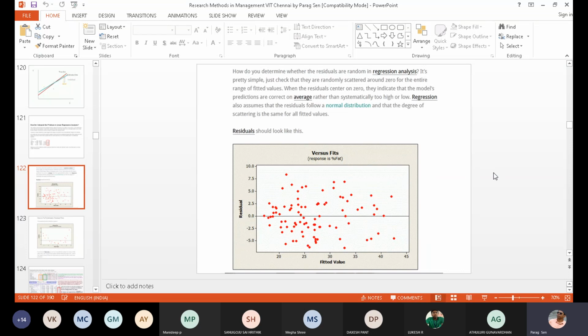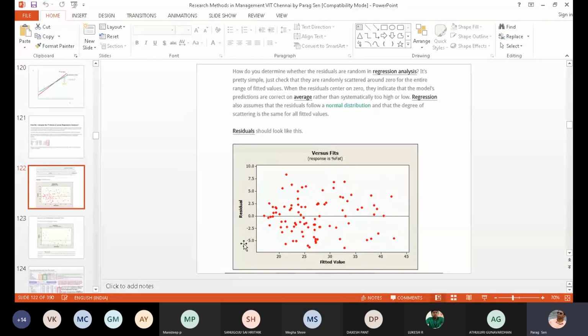Then you need to analyze the residual versus fit plot. Along the x-axis you represent the fitted or estimated values, and along the y-axis the residuals, that is, the difference between the estimated values and the original values.